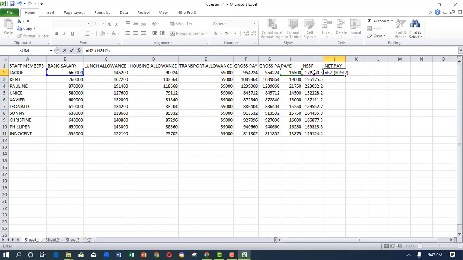If I just say equal sign B2 minus H2 plus I2, it's going to give me a wrong answer. So you just say equal sign basic salary minus open brackets pay plus NSSF, you close the bracket, then you press enter, or you click on the enter symbol here. Then after that you auto fill.